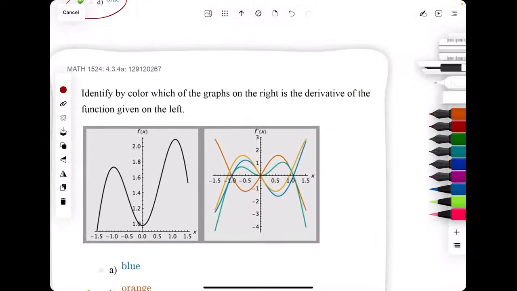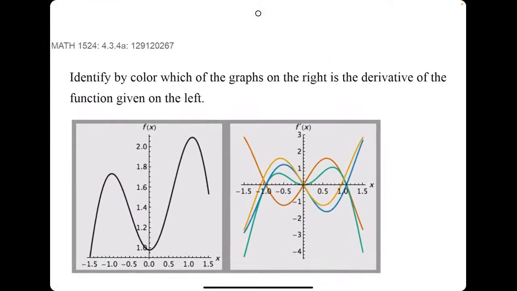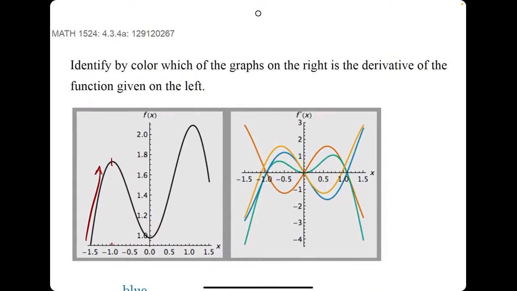Third one. So we're starting increasing or positive slope, so we're looking for the one that is above the x-axis off the start, so orange. Something else to mention, which may play a role later, is this has a positive slope up until about negative 0.1.